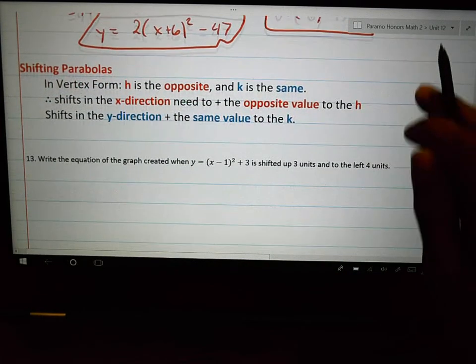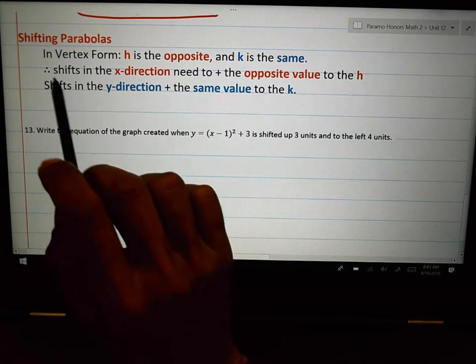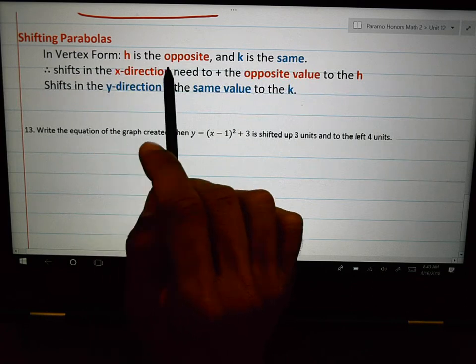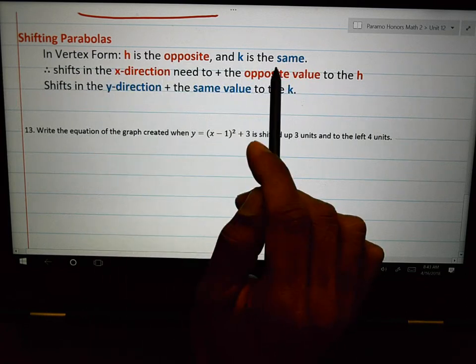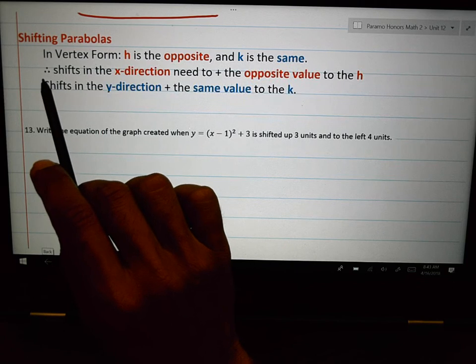Here's the last thing that we're writing down in our notes. We're getting really short on time, so I may only get to number 13. Shifting parabolas. In vertex form, H is the opposite. K is the same. These 3 little dots means therefore.